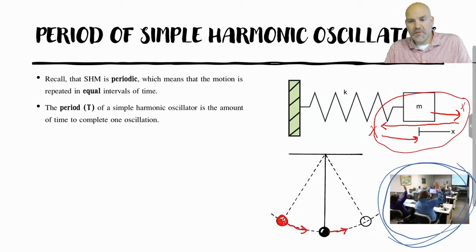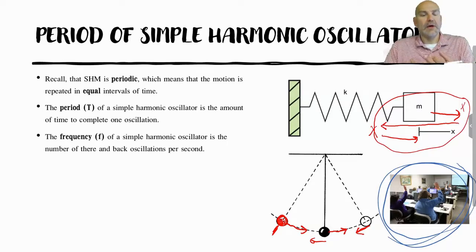It goes out through equilibrium to the far extreme and then back, and it ends up back in our initial position. Whatever your initial position is, it always has to return to it for it to be a complete cycle of motion.